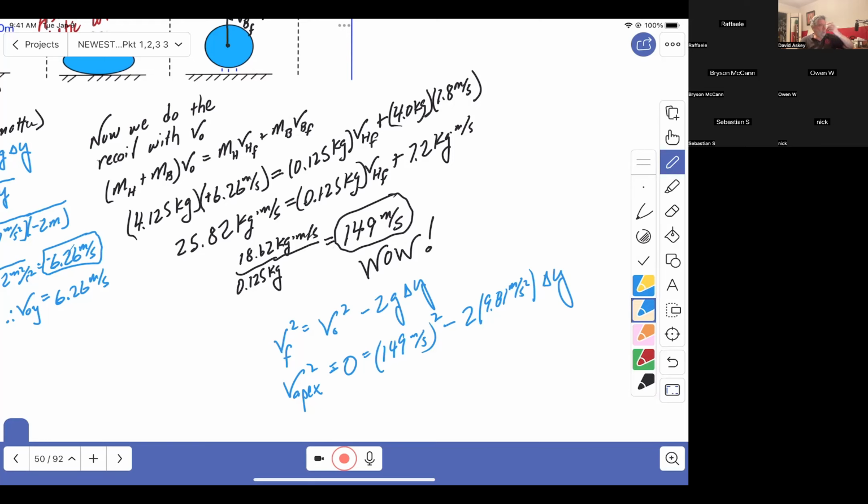Oh, that hamster, delta Y. Is that right? Wow. Okay, that hamster went 1.13 kilometers.